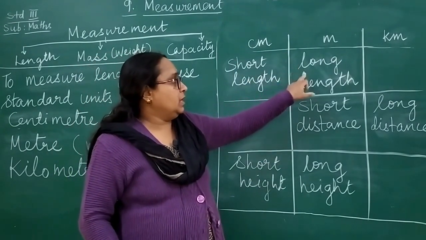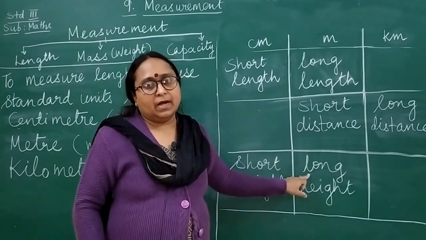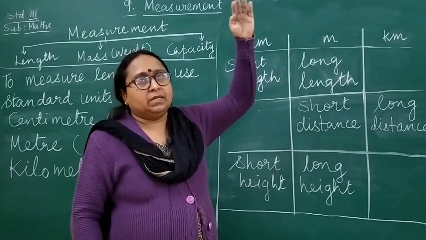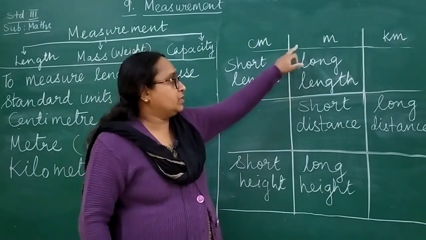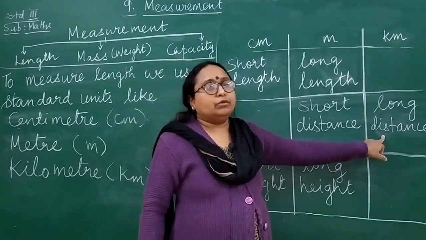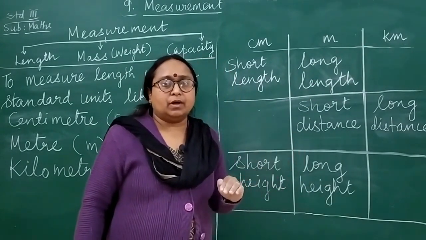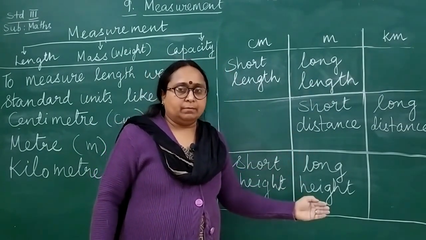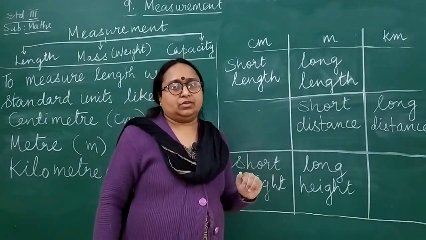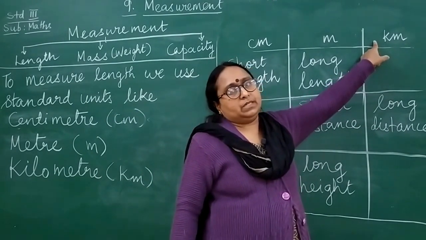So when you are measuring long length, short distance or long height, that means how tall the tree or how tall your building, your apartment is, you measure it in meter. Then you measure long distance in kilometer. Suppose you are measuring the distance from Rajkot to Jamnagar, or from your house to say the railway station, you measure the distance in kilometer.